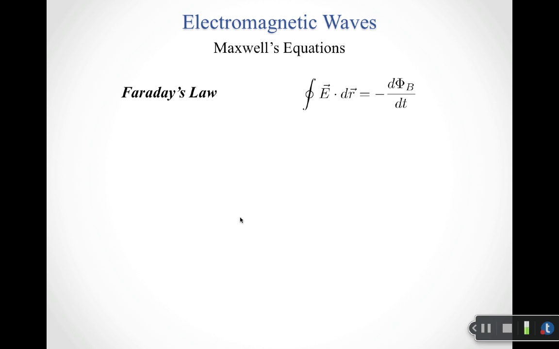The other two basically tell us about how magnetic and electric fields change. The first one, of course, is Faraday's law, which says that the integral over some closed loop of E dot dr is equal to negative the change in the magnetic flux with respect to time.